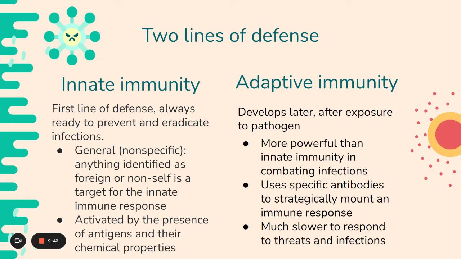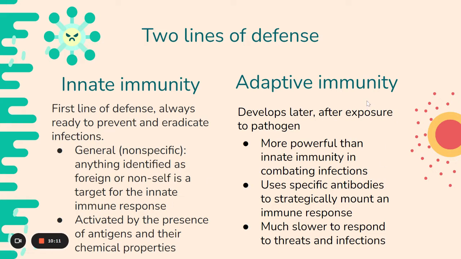So it's going after anything that's identified as foreign, and it's not discriminating or trying to direct its resources towards any particular thing. The innate immune system can be activated by the presence of antigens, and it's very quick to react. So it's quick to respond, but not specific.